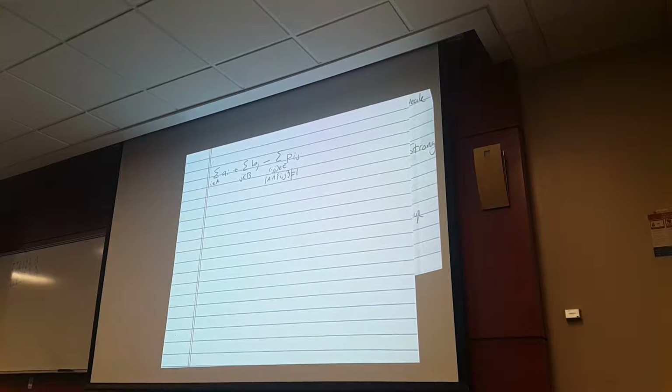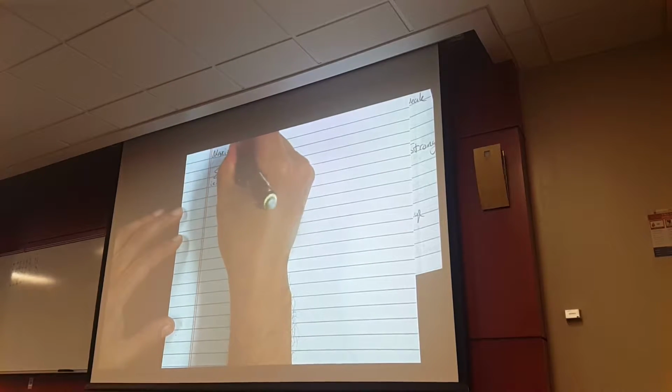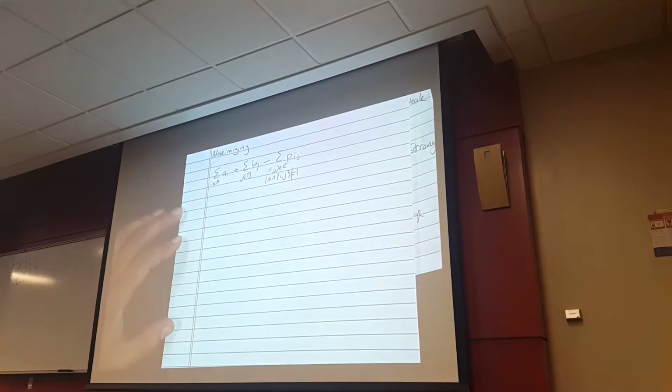That again means that exactly one endpoint is in A. So the problem is I'm maximizing this.